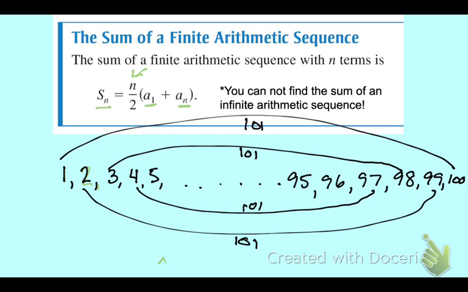So if he paired, and now hence the equation first and last, if he paired the numbers up, and he's like, okay, they all equal 101. How many pairs do I have? 50, because 100 divided by 2 is 50. So he just took 50 times 101 and got 5,050.